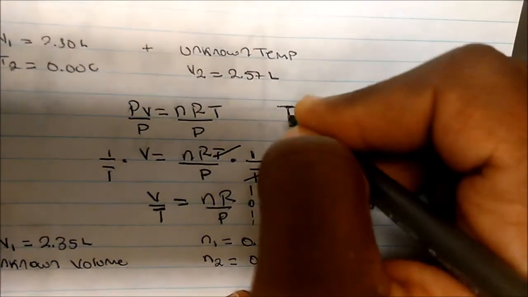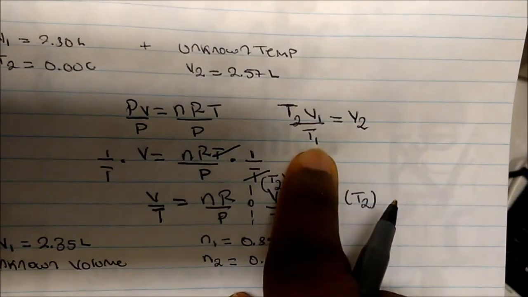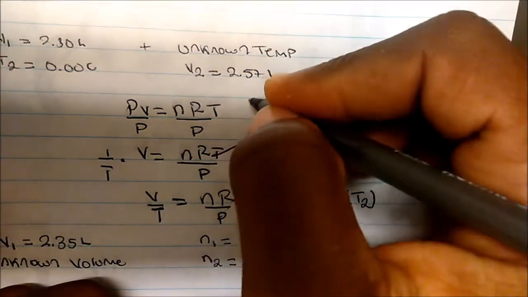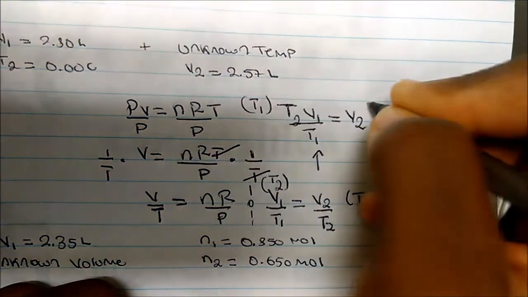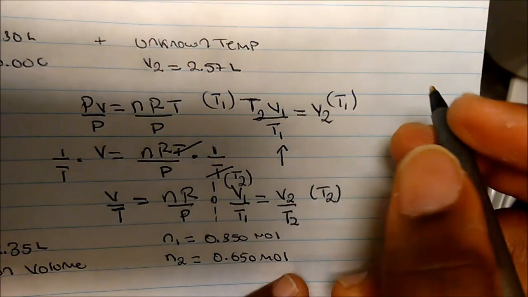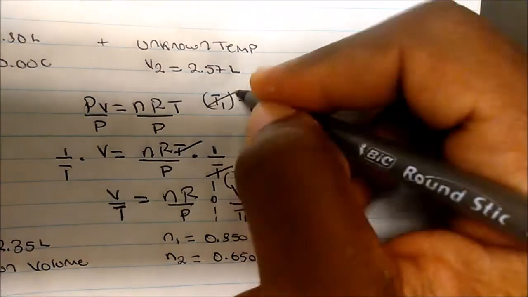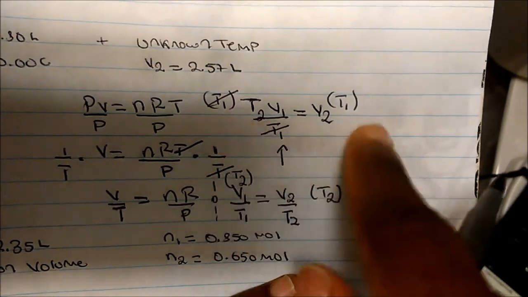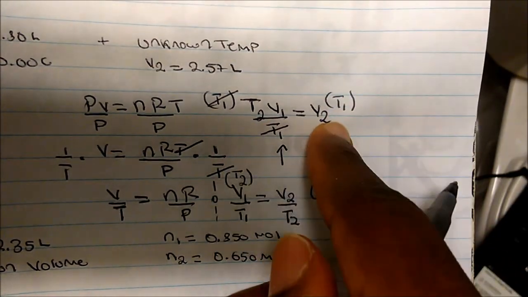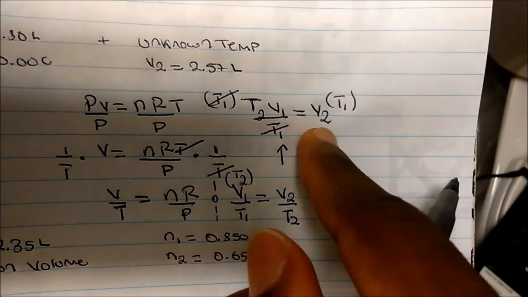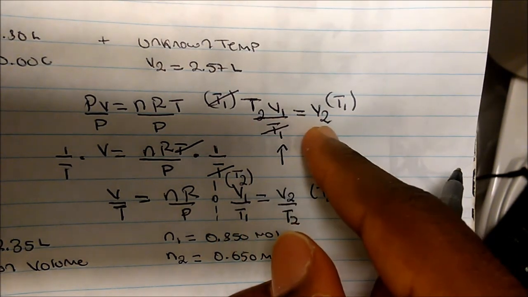Okay. And obviously notice that I'm solving for T1. And so if I multiply by T1 on both sides, I'm sorry guys, I don't have enough space here, but hopefully you could see where I'm going. Then T1 and T1 will cancel out. And so notice that I'm left with T1 V2 is equal to T2 V1. Okay, and so if I'm solving for T1, the only thing I need to do is just divide by V2.